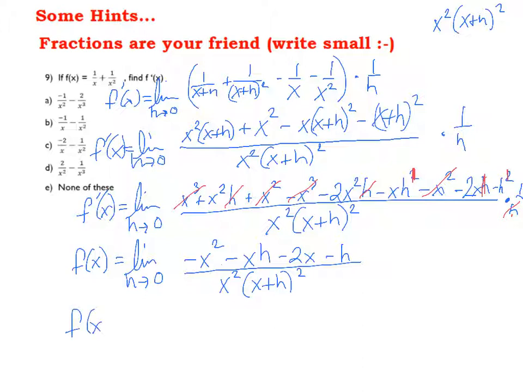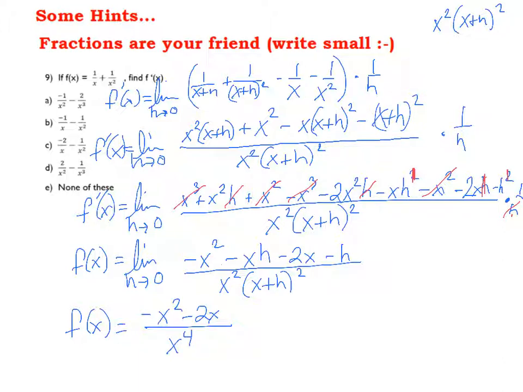F prime of x is equal to, evaluating the limit, a negative x squared. This goes away. This will go away. I just have a minus 2x all over. And again, remember, if I put 0 here, this becomes just x squared times x squared, which is x to the 4th.